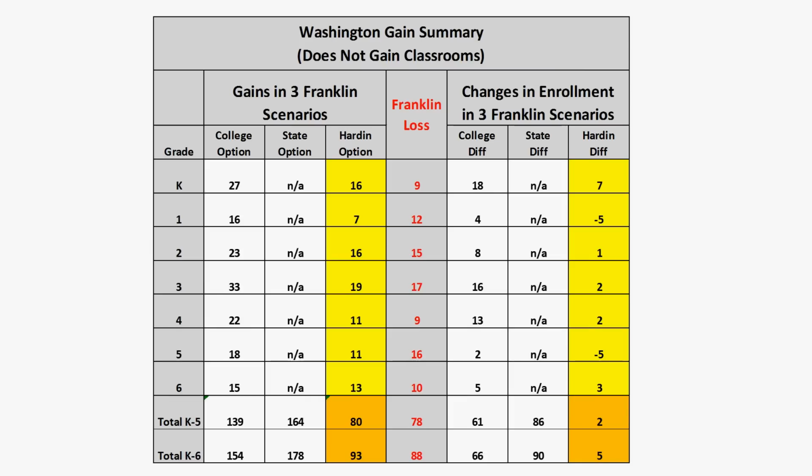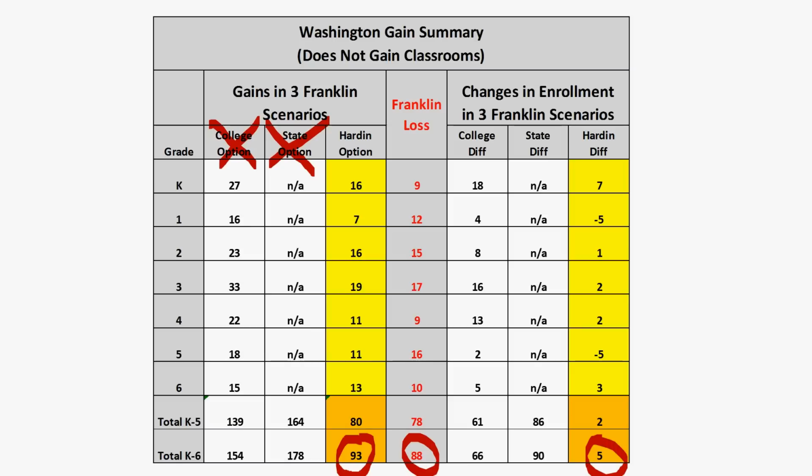So I added the new scenario, the Hardin option, into the Washington gain summary. It had already been determined that the college option and the state option were not realistic, viable options because they would overcrowd Washington. The Hardin option would add 93 students into Washington Elementary, taking out the 88 students that are there currently with Franklin choice would leave a differential of 5 students.